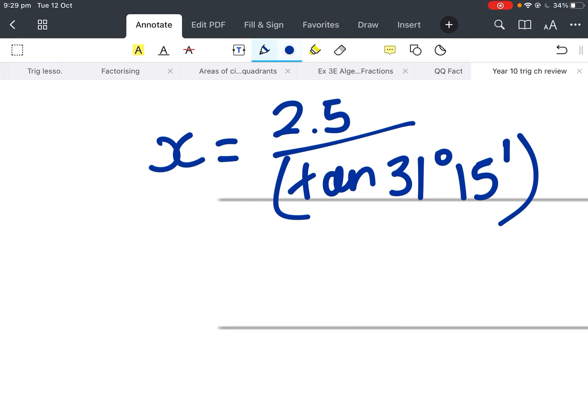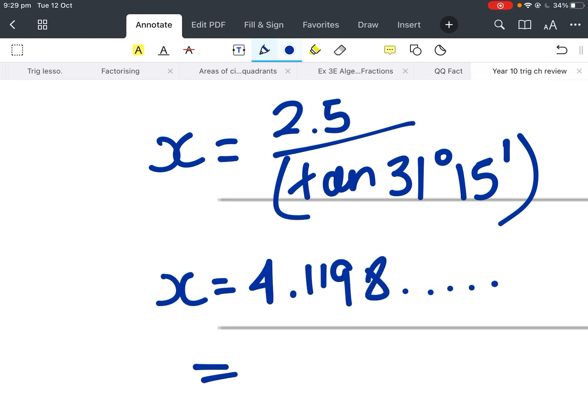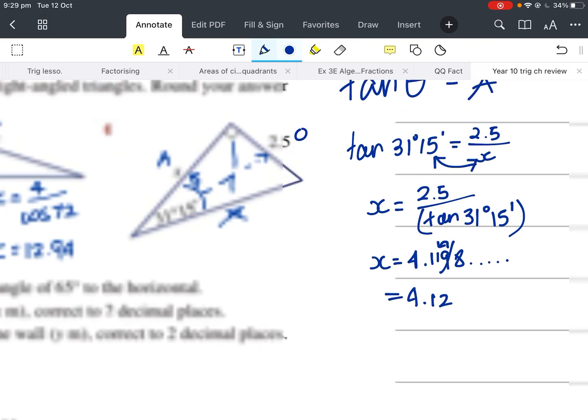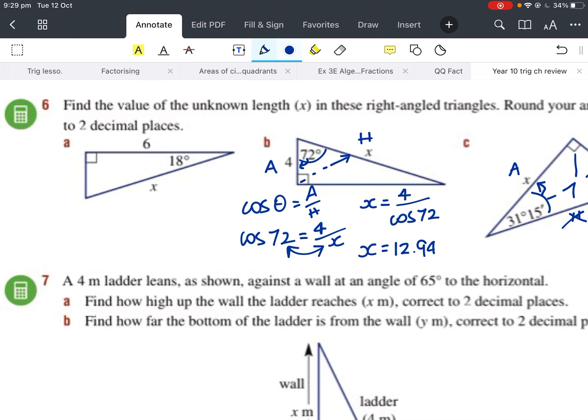My brackets are open, so I'm going to close them, press equals, and I get 4.1198, but to 2 decimal places, the 9 is greater than 5, isn't it? So I need to add 1 to that second one there. So it becomes 4.12.